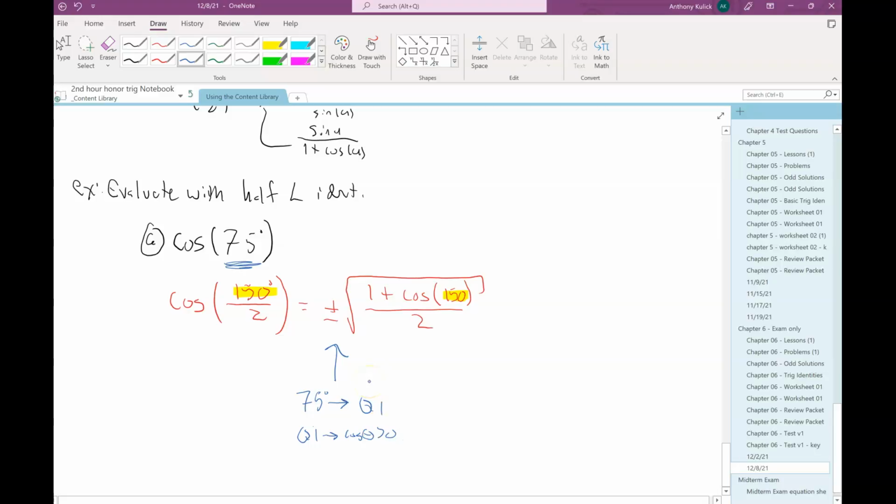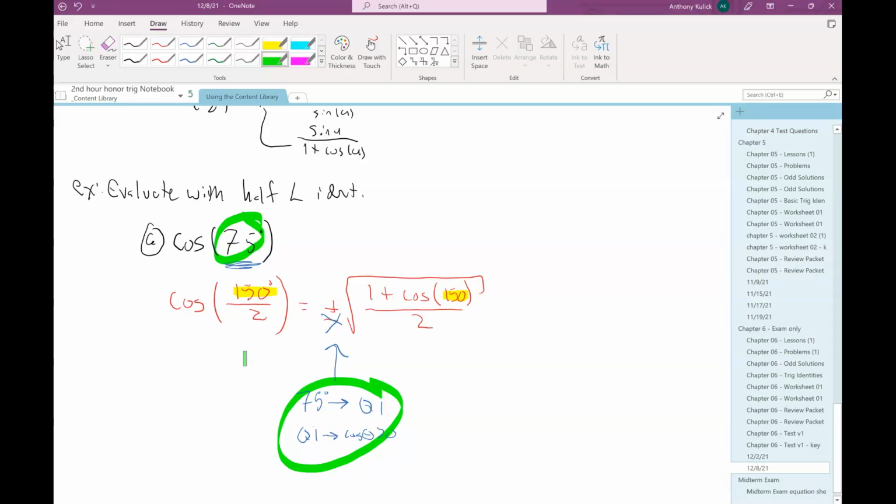So in this case, we want the plus. Everybody okay with that? The thing you have to remember here is that in determining whether it's positive or negative, we have to look at the very beginning value, not the 150 that we turned 75 into as 150 over 2. We have to look all the way back at the original problem. But that's not difficult. You have to remember to do it, but it's not difficult to do.